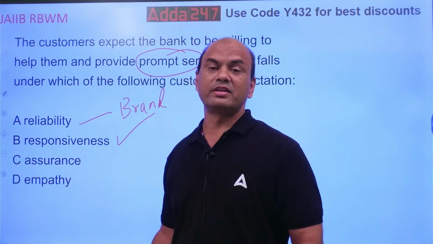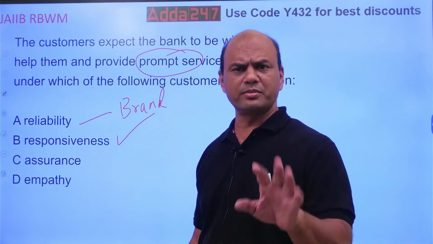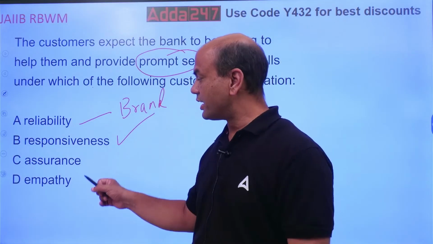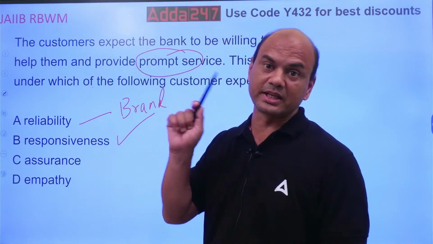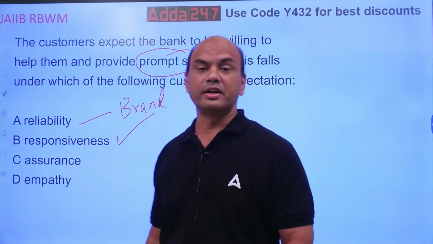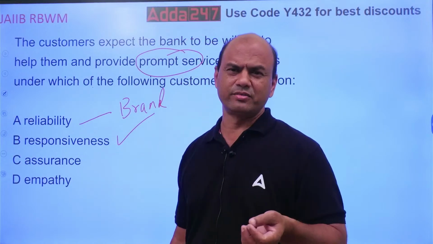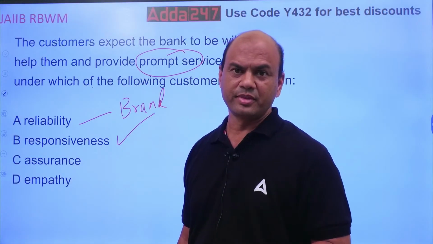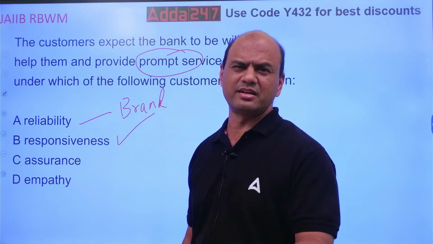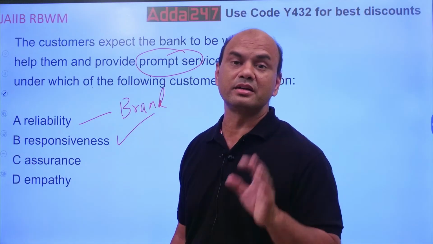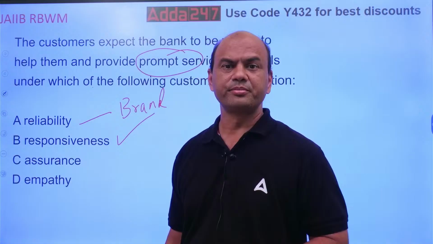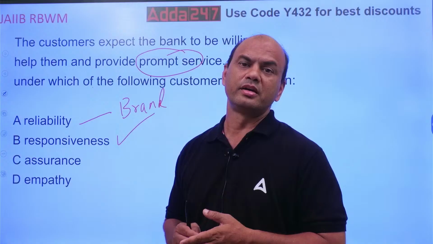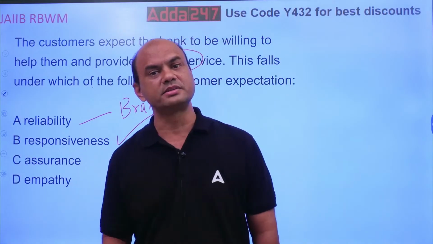Assurance. Whenever the customer gives you some task and you assure him, don't worry, I am there. That is assurance. Empathy. You have to think from the customer's angle. If a customer comes once in a blue moon at the closing of the bank, saying sir, urgent, this cash is to be deposited at the closing time, then you must understand what the problem of that customer is.